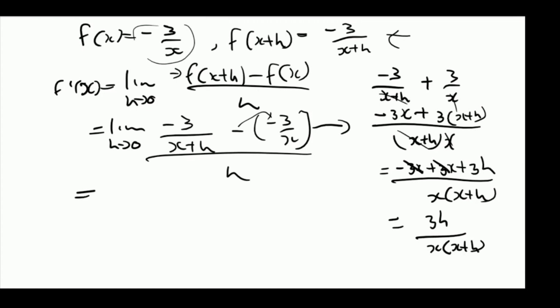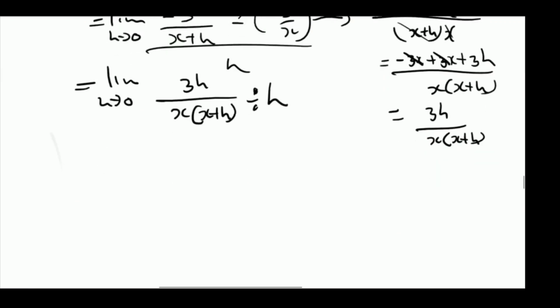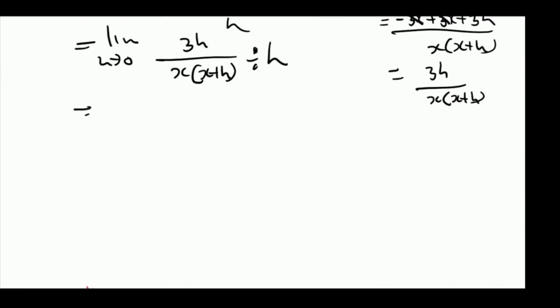So we're going to write it here. The limit when h approaches 0, so it's going to be 3h over x into x plus h, right? Divided by h. So which is going to be the limit when h approaches 0. So it's going to be 3h over x into x plus h multiplied by 1 over h.